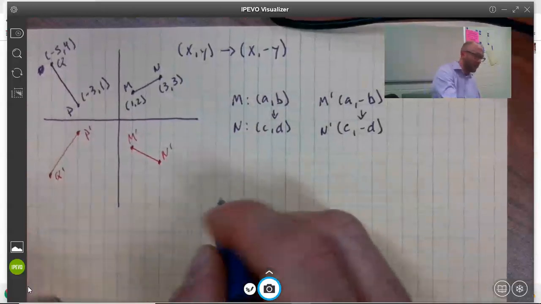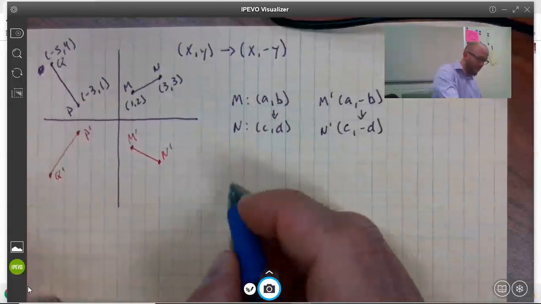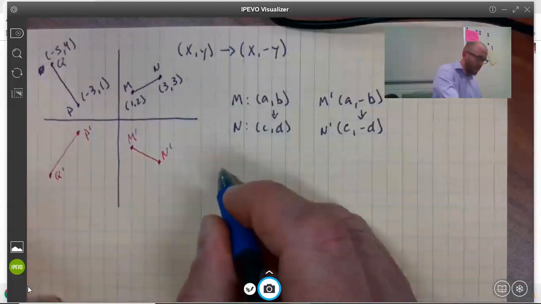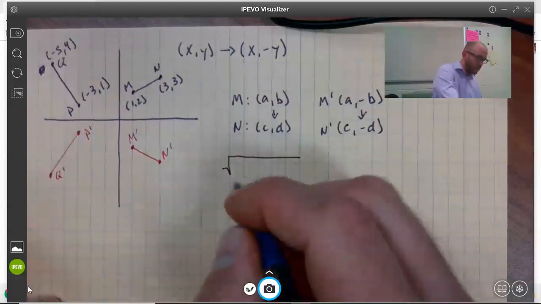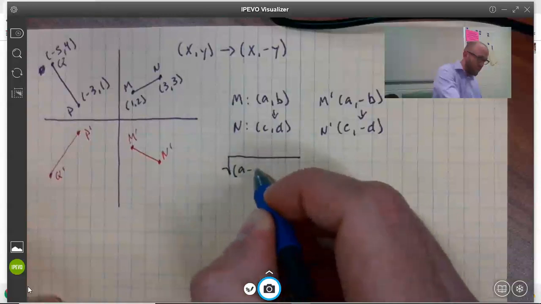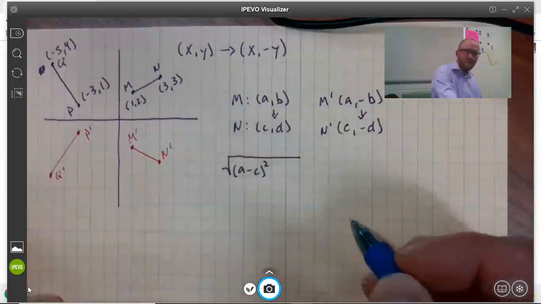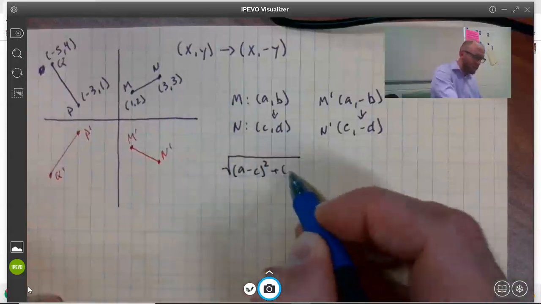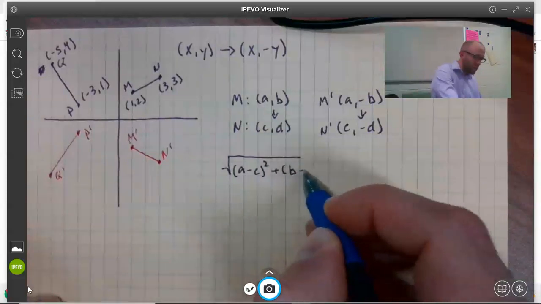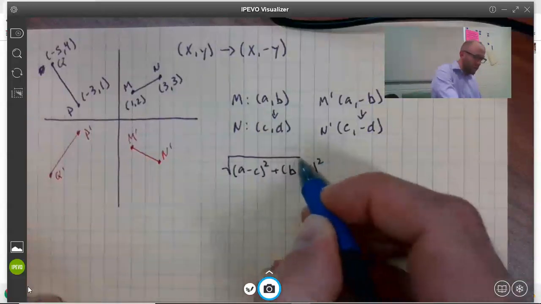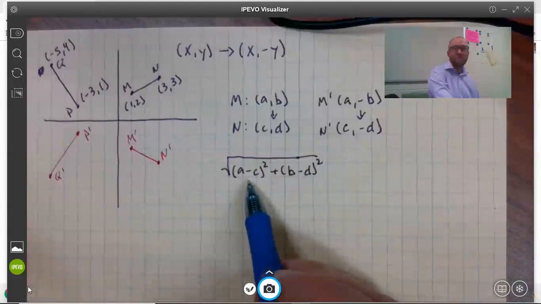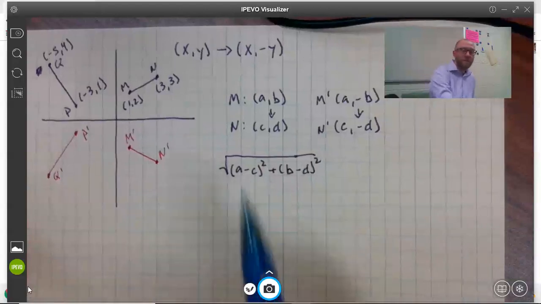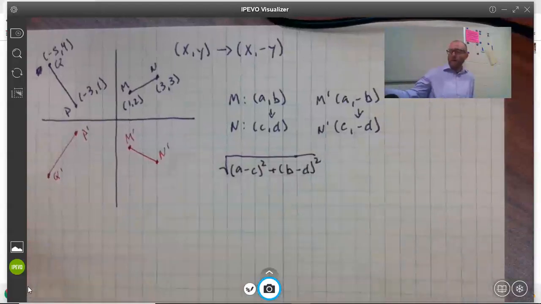We've got the square root of A minus C squared plus B minus D squared. So you just find the difference between the x coordinates, and then we square that.